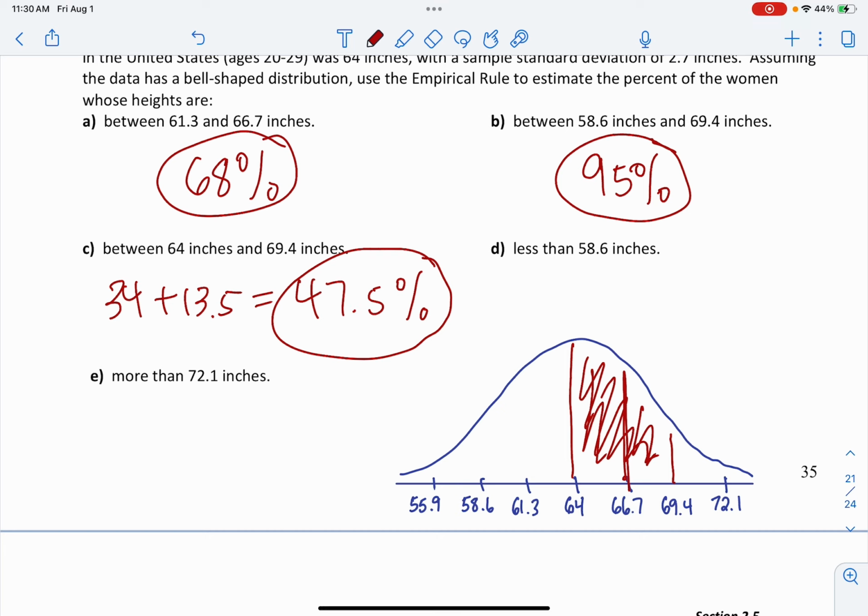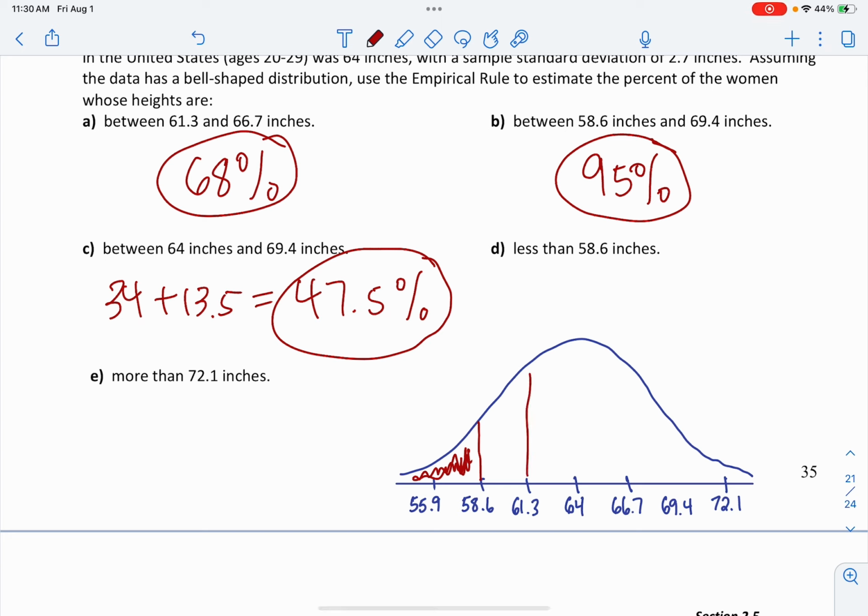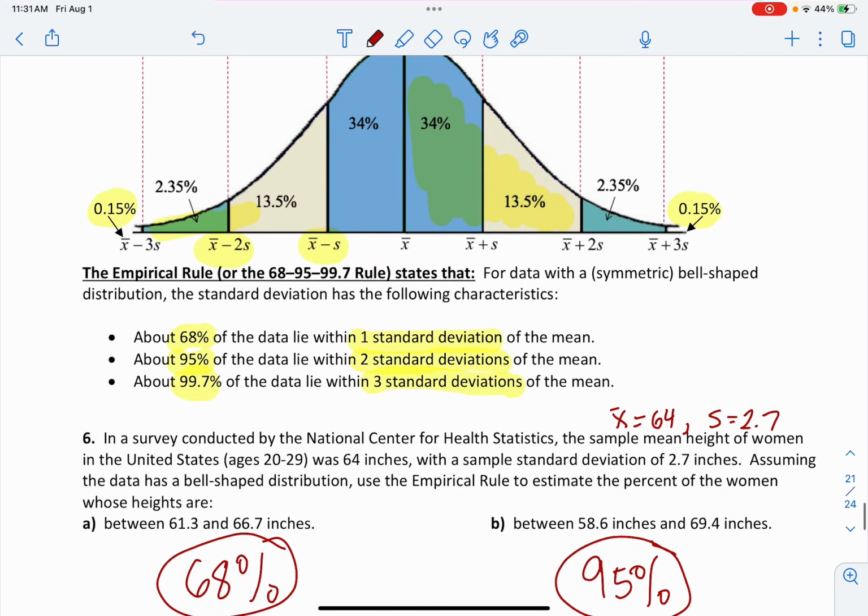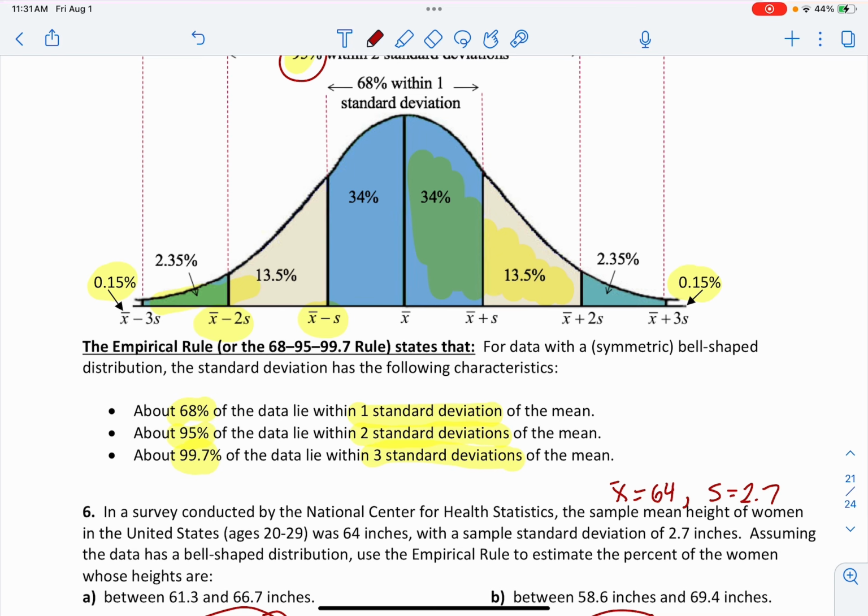Okay. How about less than 58.6 inches? Let's try that one. So 58.6 is here, and it's less than. It's all these segments that are to the left of that one. And notice that one is 2 standard deviations away. So if I match that up with the general graph where the percentages are, let's get rid of all my clutter.